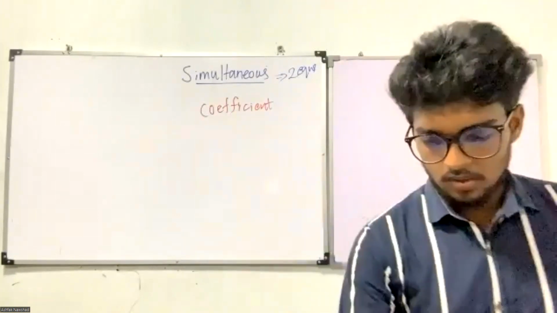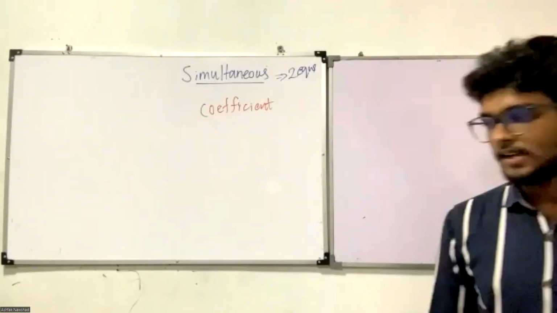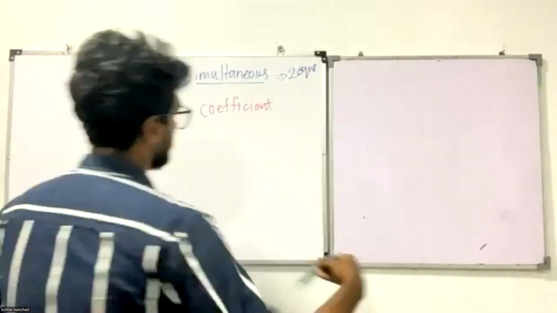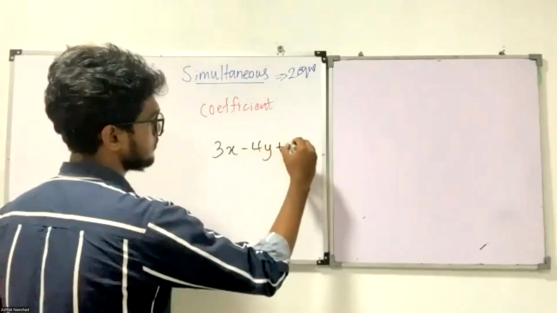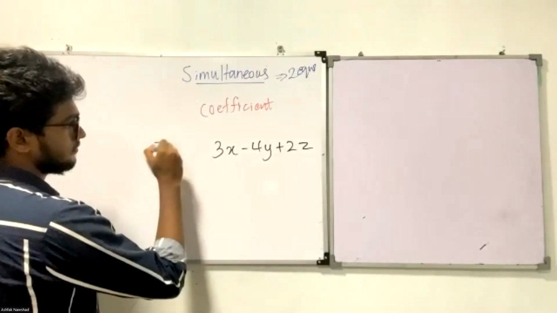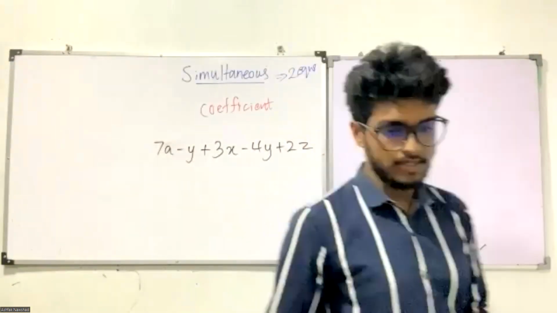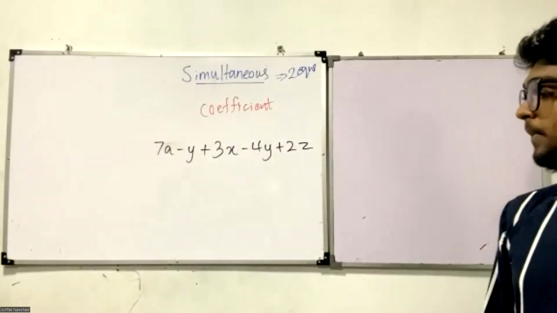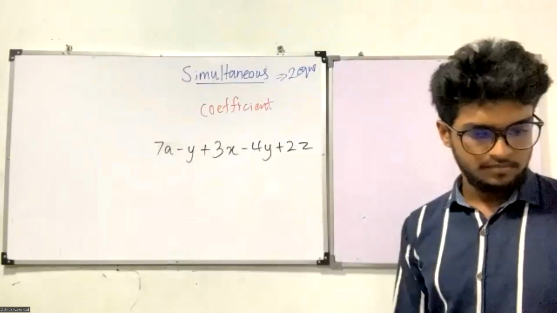A coefficient is simply the number before an algebraic term. See, I'll write an expression. This is a pretty long expression. Let me know the coefficient of A. What's the coefficient of A here?